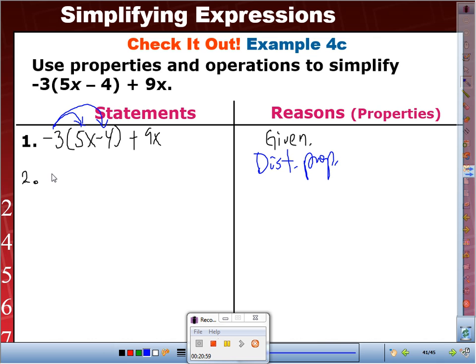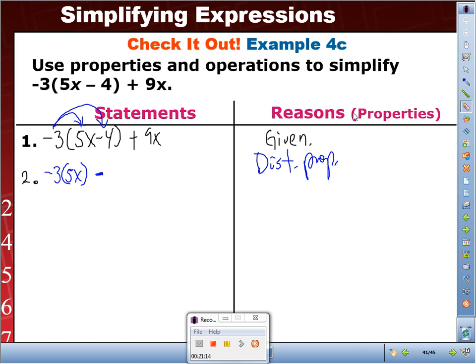So I'm going to write it out first. -3 times what? 5x minus -3 times 4 plus 9x.